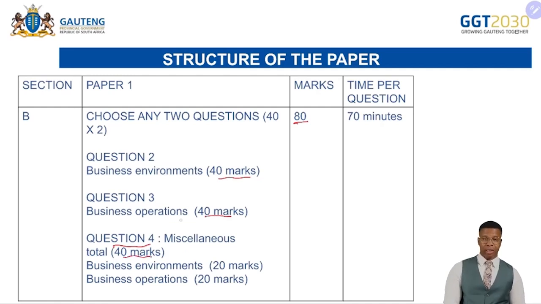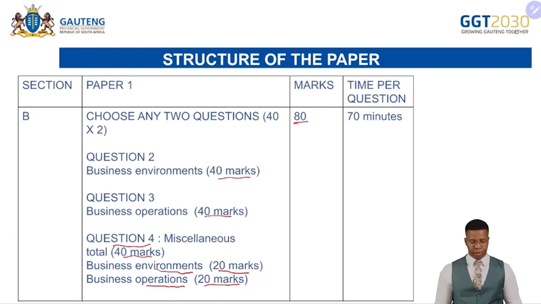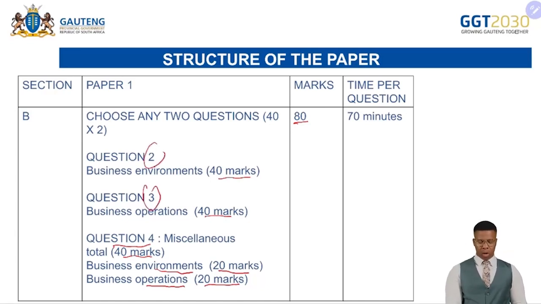And then miscellaneous basically is a combination of both your business environments and business operations, with the mark allocation being 20 marks for the business environment and 20 marks for the business operation, which now would make 40. So you can choose either question 2 and 3, or you can choose question 3 and 4, or question 2 and 4. It depends on what you are prepared for.